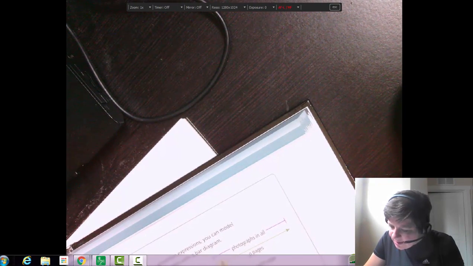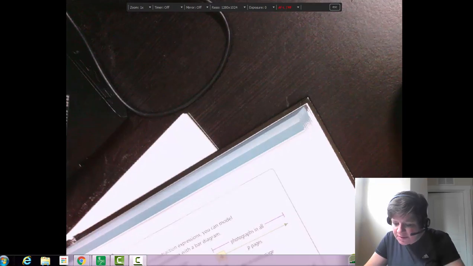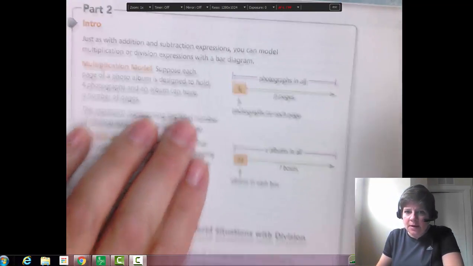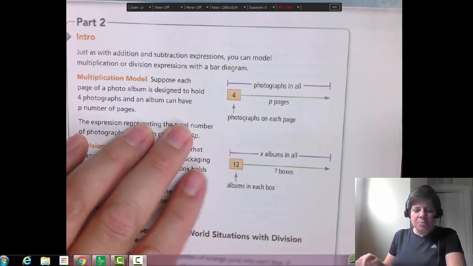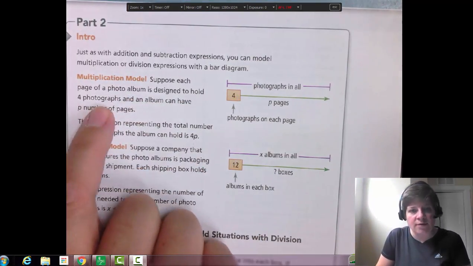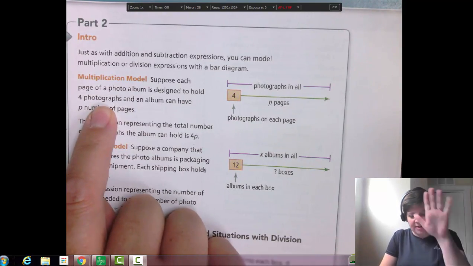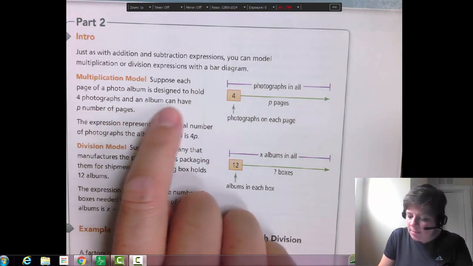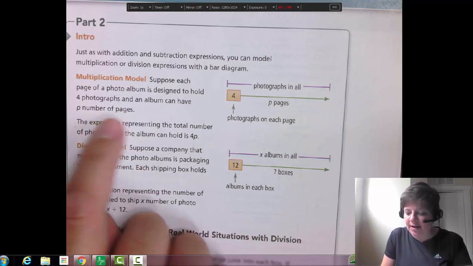Let's see. I wanted to do one that had a multiplication. Let's see. I'm going to do this one right here. Suppose each page of the photo album is designed to hold 4 photographs. So each page has 4 photographs. And an album can have P number of pages.